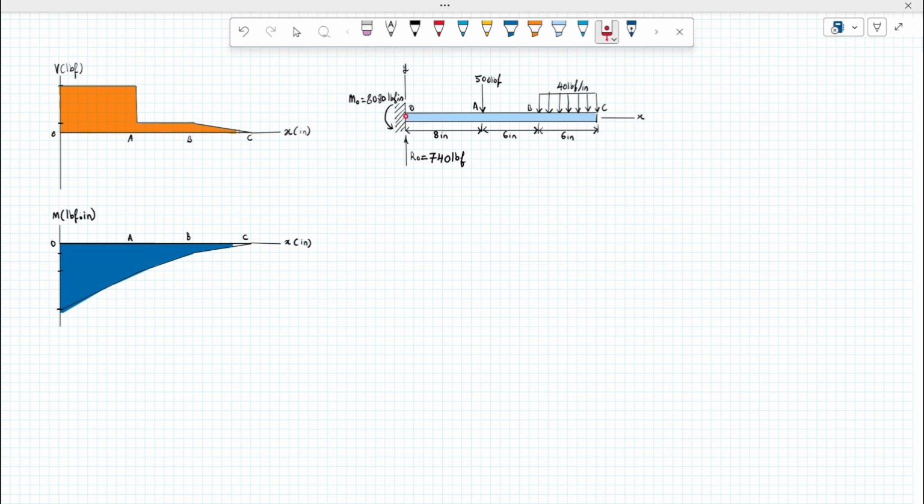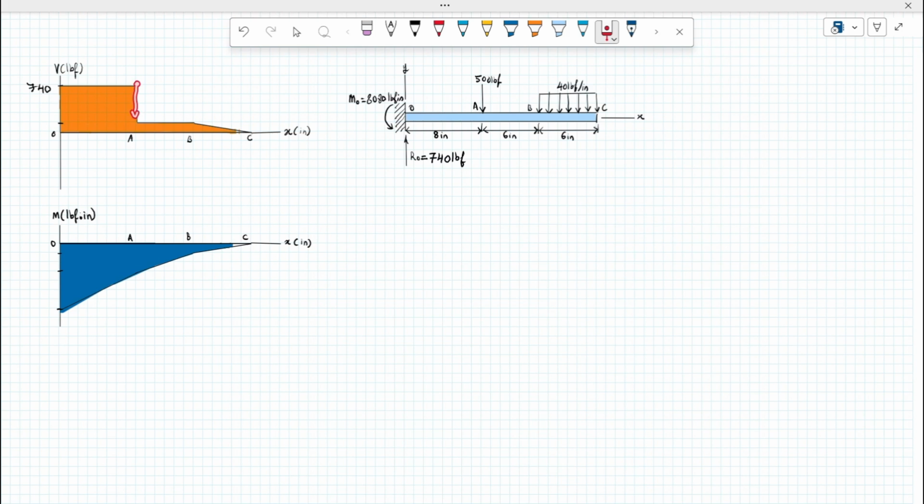We're gonna look at point O. So at point O, we only have the reaction forces RO acting upon it. So 740 pound of force is going upwards. So reaction forces going upwards until 740 is at point O. And then after that, we go to 8 inches towards the right, towards point A. And we have a concentrated force of 500 pound of force going downwards from 740.